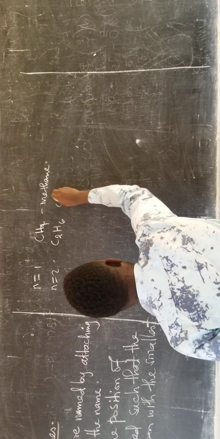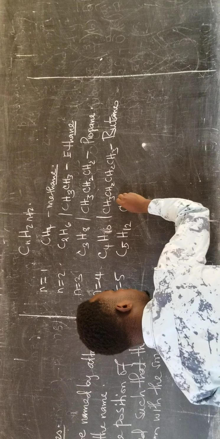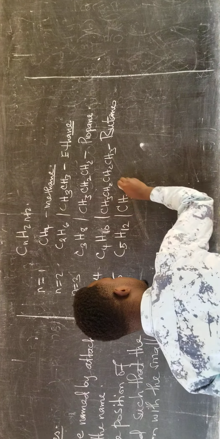Remember, I am following the general formula CnH2n+2. So I'm just substituting for n, and that is going to be CH3, CH2, CH2, CH2, CH3, and we call that one pentane.